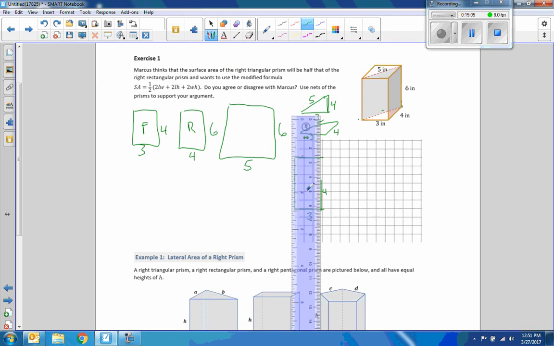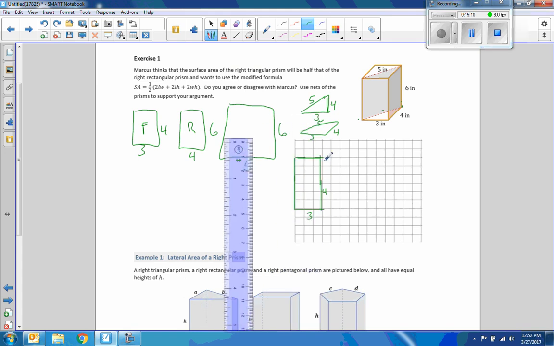Extend these up to there. Okay, a little bit sloppy, but I don't want to spend too much time on this. This is 3 by 6, not 4. That is this piece right here. Okay, 3 by 6. 3 wide, 6 tall. That's the front.